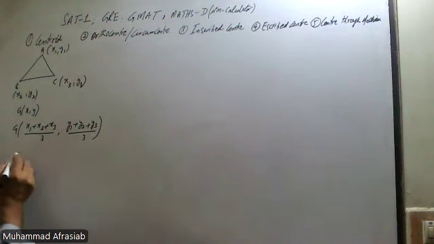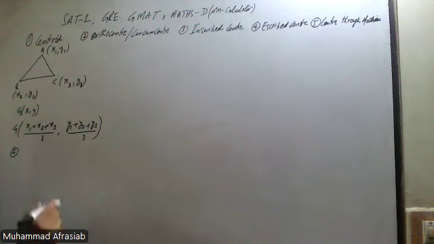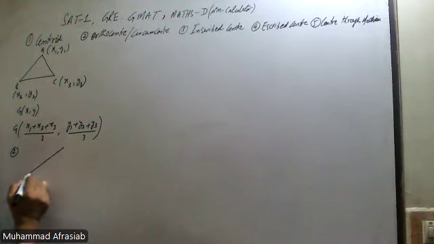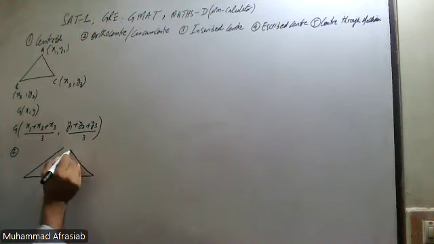The second is orthocenter. Orthocenter means what? When the circle is found with the help of the bisection of these sides. Let's say ABC is a triangle given to you.